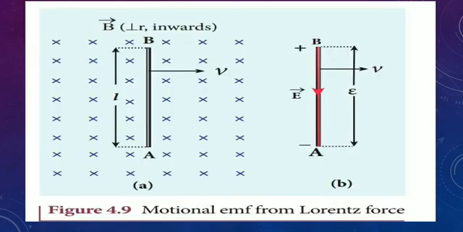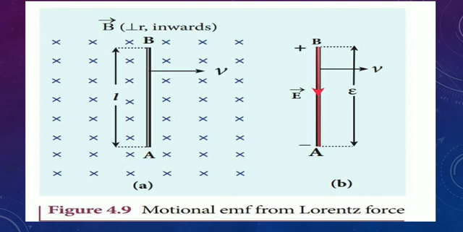See, these cross marks are the magnetic field. The magnetic field is perpendicular, directed inwards. This is the conducting wire, the length is L, and it is moving to the right side. Definitely an electric field is present, and at the same time EMF is induced. EMF is induced because of what?